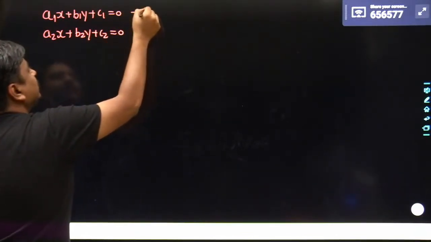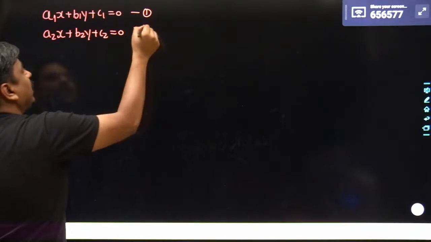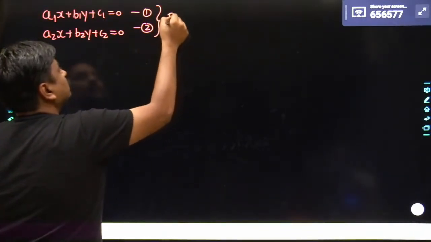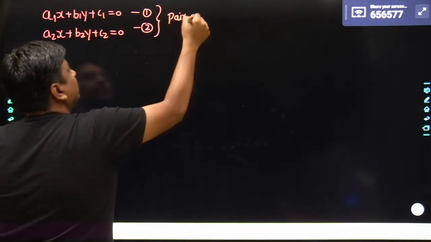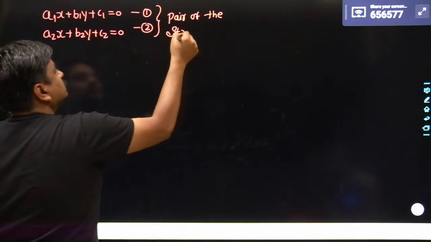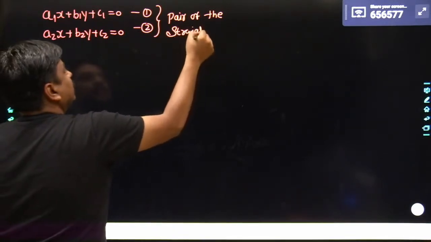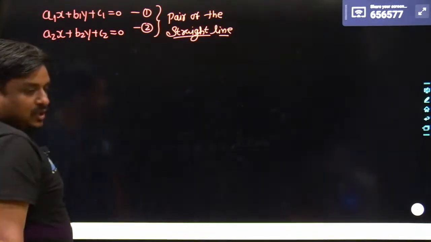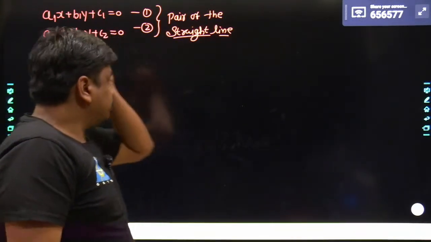Let's take it that this is the first equation of the straight line and this is the second equation of the straight line, and together they are a pair of straight lines.